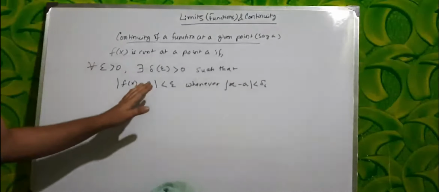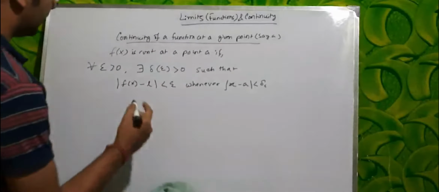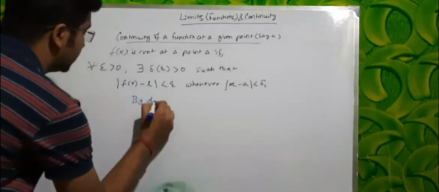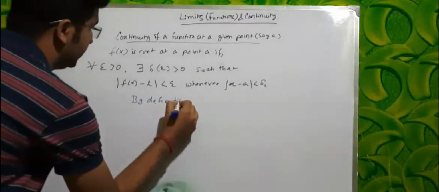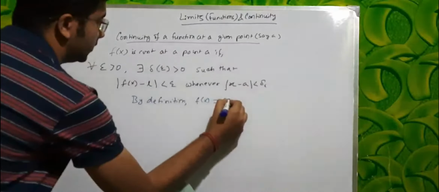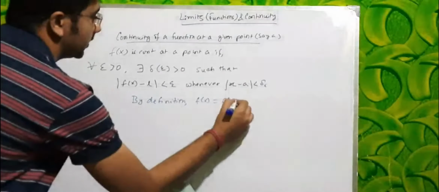If this holds, then we can say f(x) is continuous at point a, and by definition f(x) is going to be equal to f(a).